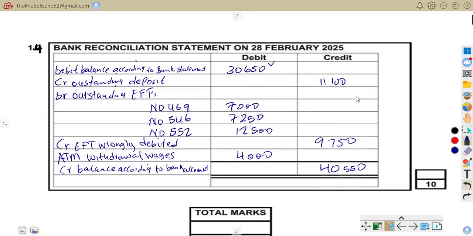When you add this and then subtract this, you get this amount, which we credit. So that is the credit balance according to bank account.